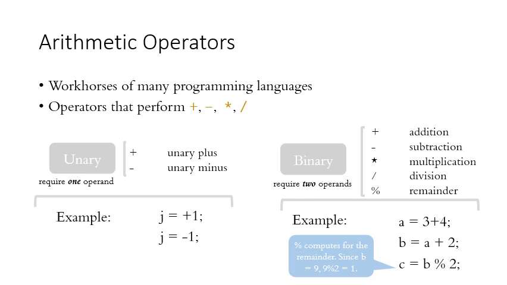Now for c, we are computing the remainder of b when it is divided by 2. So 9 divided by 2 is 4, with a remainder of 1. So the value of c will be equal to 1.